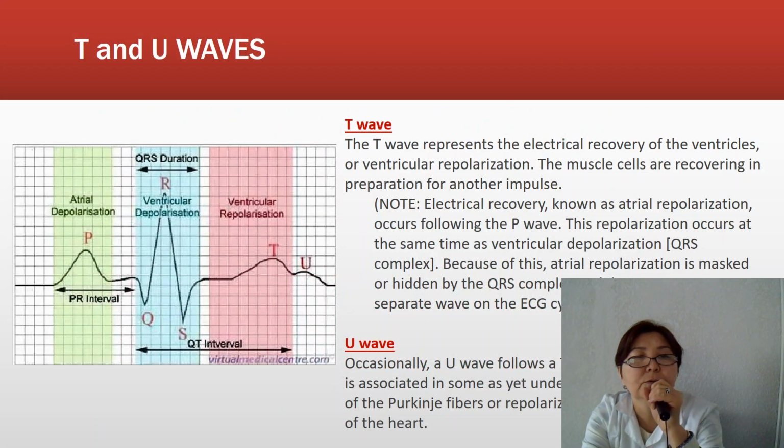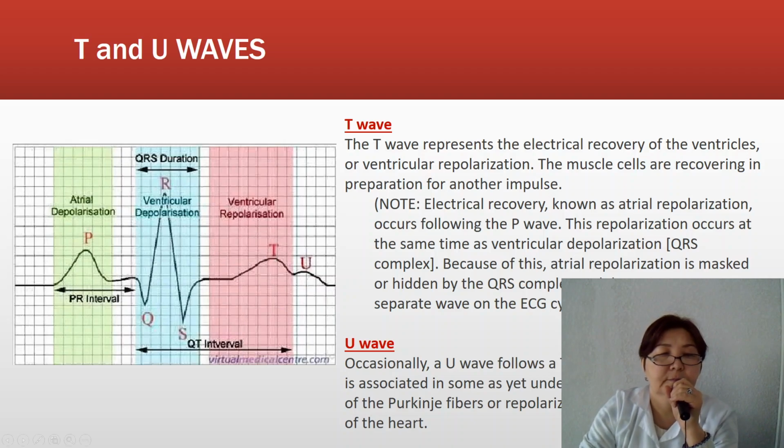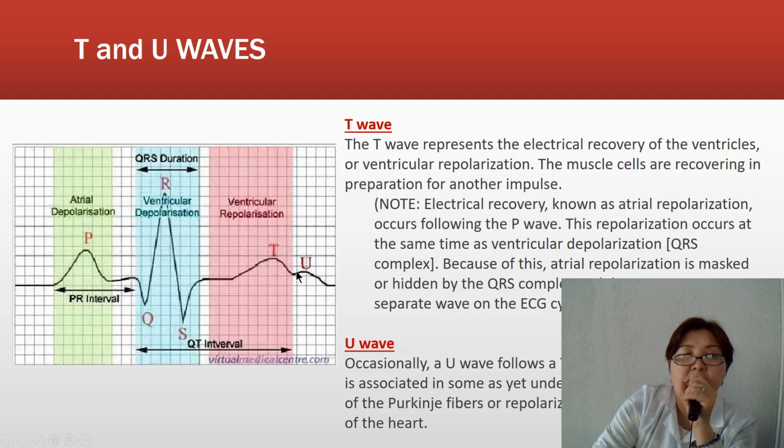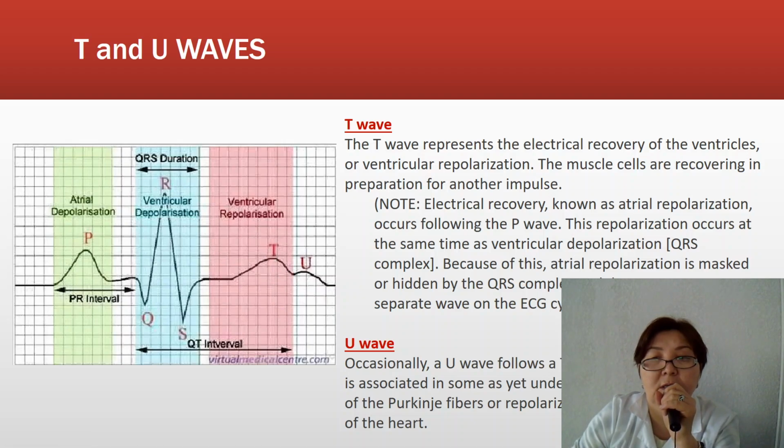T and U waves. The T wave represents the electrical recovery of the ventricles, or ventricular repolarization. Note, electrical recovery known as atrial repolarization occurs following the P wave.